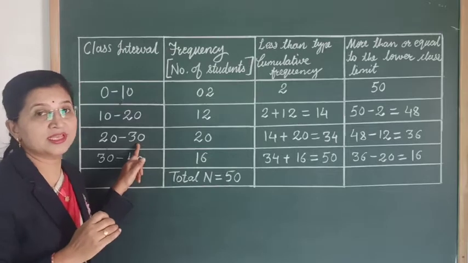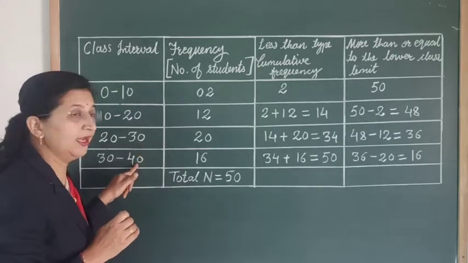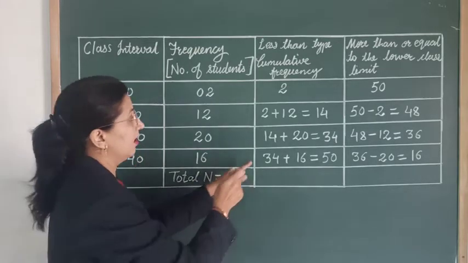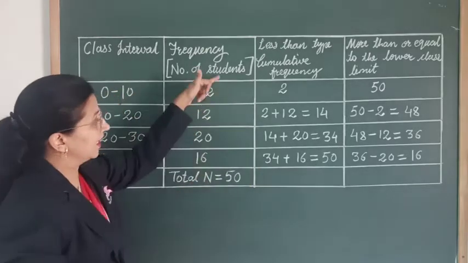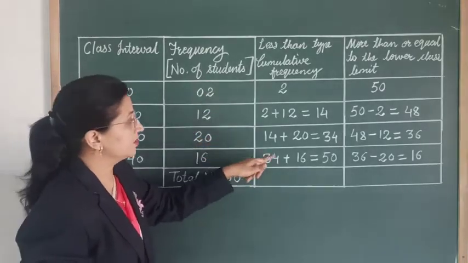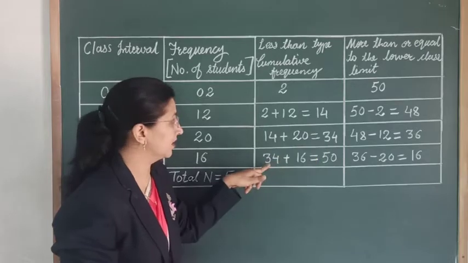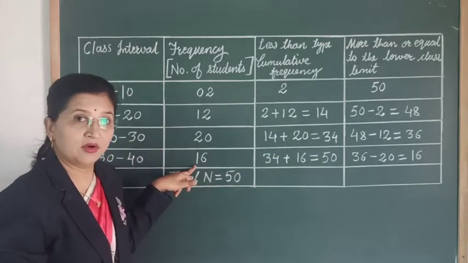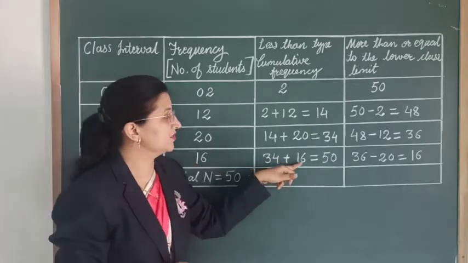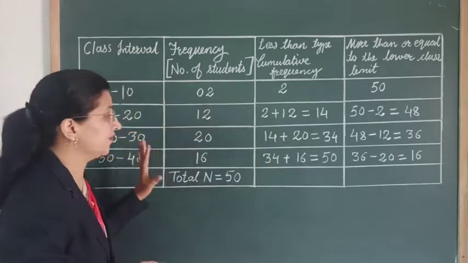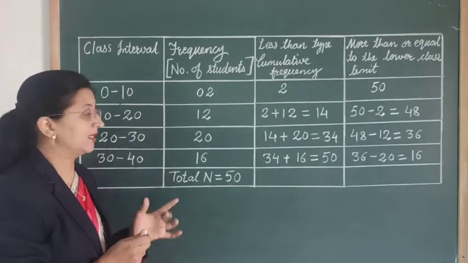And how many students are there who score the marks less than 40? Already all these are less than 40 only. Already we have added that, that is 34, and these are also less than 40 only. So 34 plus 16, that is 50. So in this way 50 students score the marks less than 40.